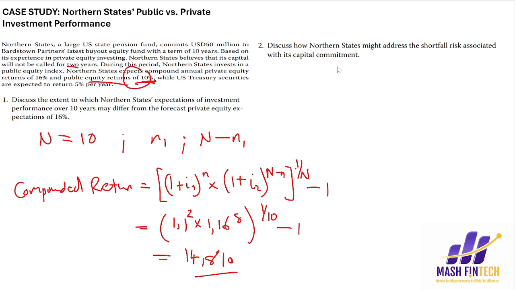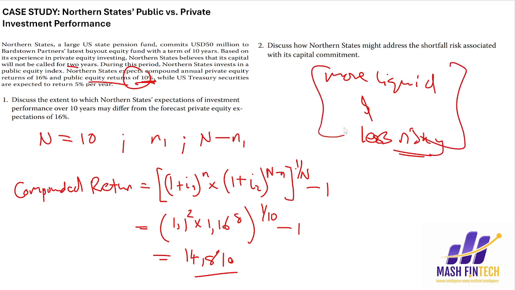Public markets are less risky. They are more liquid and less risky, because there's less uncertainty in public markets, and this has already been highlighted in the strategy that they've used here. That's what they did by investing in the public market index.